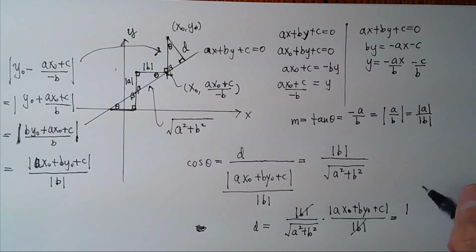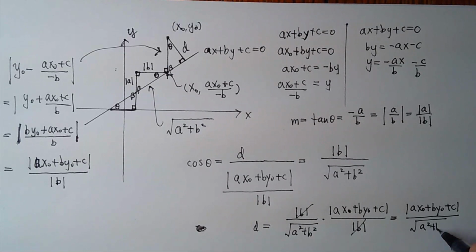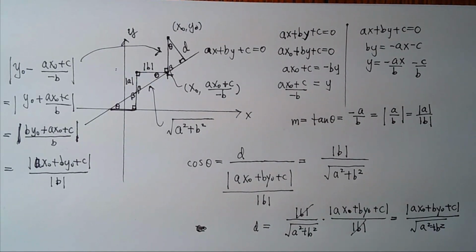And we will have the absolute value of (A x0 plus B y0 plus C), and everything divided by the square root of A squared plus B squared. And that would be our formula.